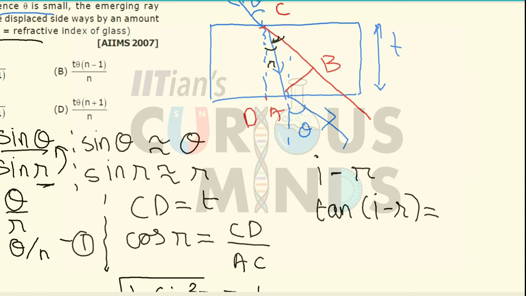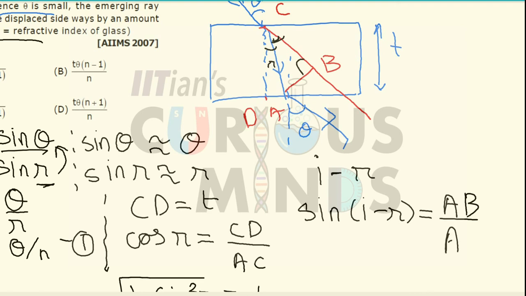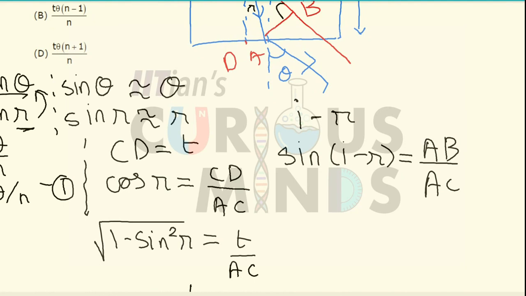Let me take sin of this angle directly. Sin of i minus r will be equal to opposite upon hypotenuse. Opposite over here is equal to AB, and hypotenuse over here is equal to AC.